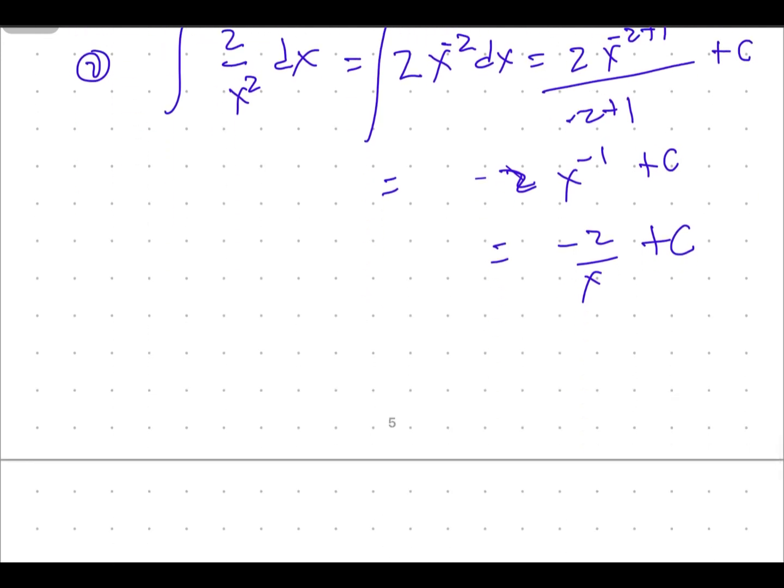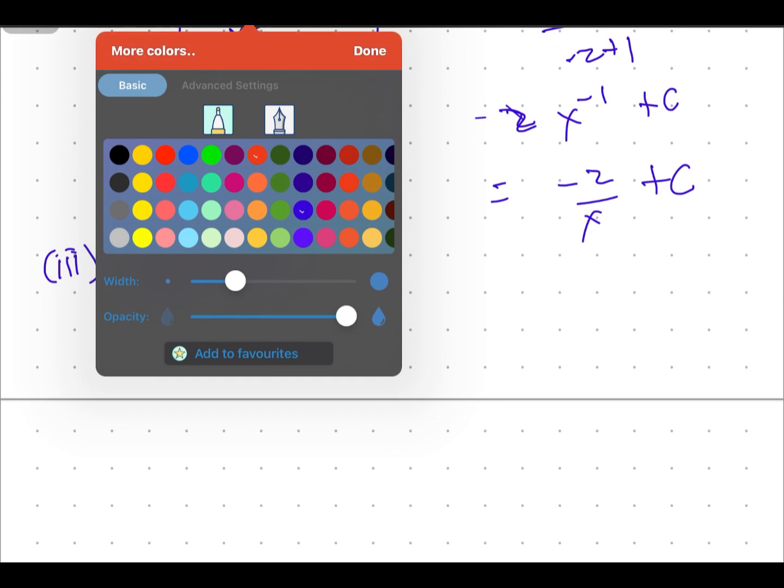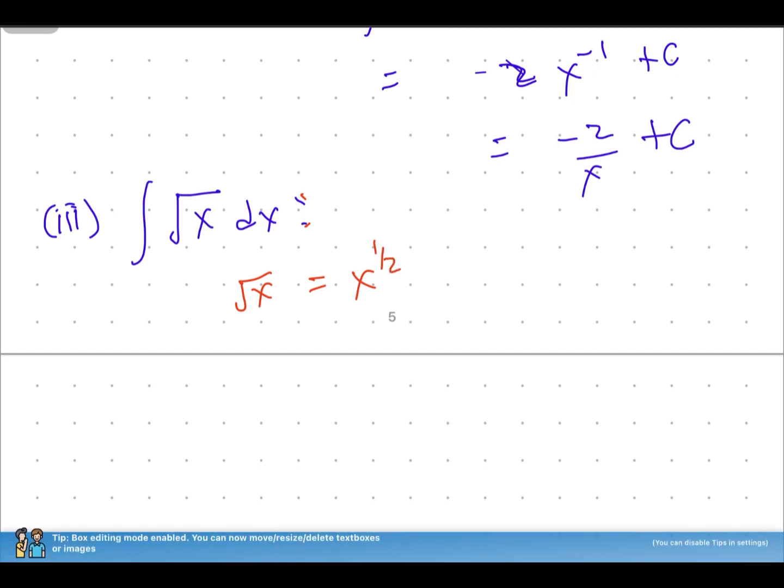So let's take a look at our last example, which is example 3. This last example asks us to integrate square root of x dx. When you are given this, you have to further simplify it before you can apply the power rule, if you want to apply the power rule. And we all know that a variable having a square root, like square root of x, is the same as x to the power half, right?